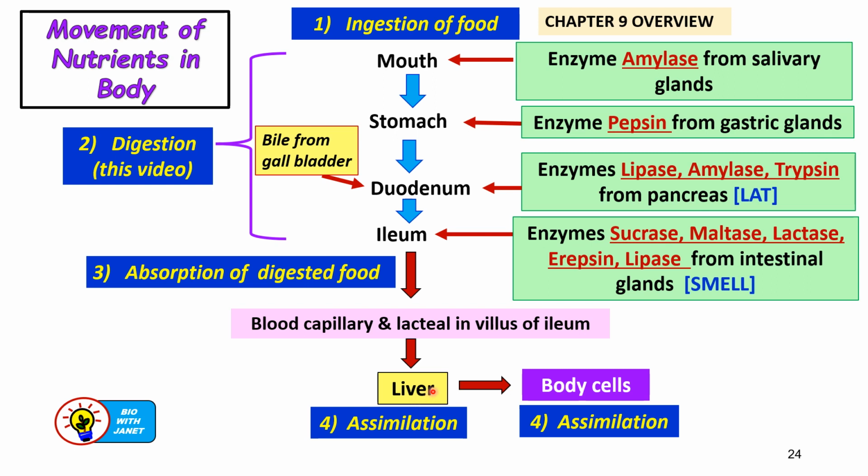And then the liver carries out a process called assimilation and also sends some products to body cells where assimilation continues, where products are used to build more complex substances for the body's needs, and so forth. So we are at this stage now. We have finished digestion, and in the next few videos, we'll continue with absorption of digested food and then with assimilation.